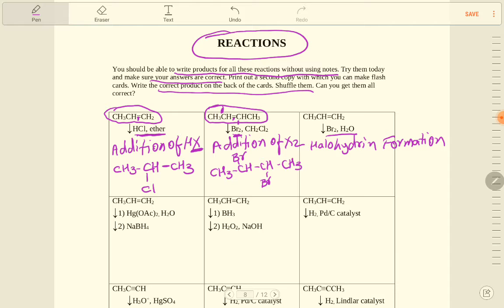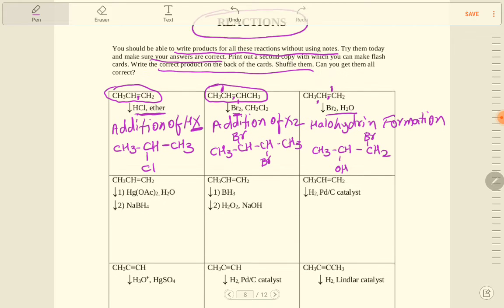Remember that this double bond breaks, OH joins with one of these carbons, and Br joins with the other carbon. So that is typical halohydrin formation. When we write it, we have CH3, CH, OH, and CH2, and we have Br. Okay, so that is halohydrin formation.